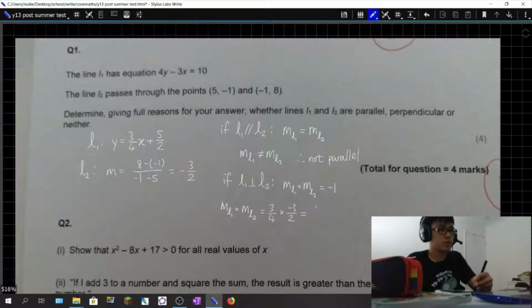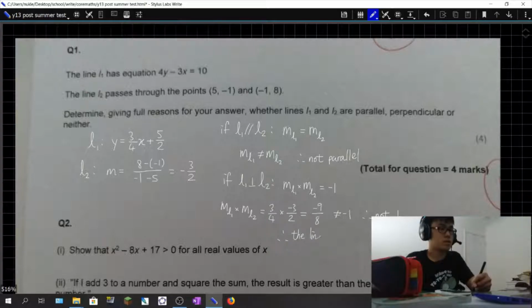And that's going to give us negative 9 over positive 6, which simplifies to, nope, it's 4 times 2, not 6. That's going to be negative 9 over 8, which is not negative 1. Therefore, they're not perpendicular either. Not perpendicular. So, we can conclude that they are neither.